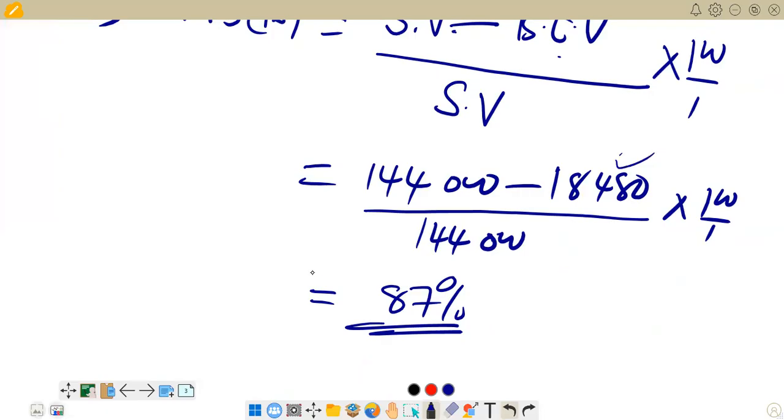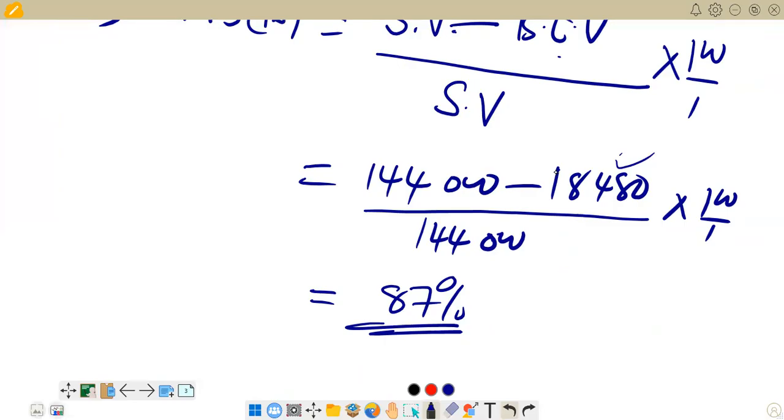So what it means is that this figure of 18,480 represents the point where we are having total cost as 18,480, and at the same time we are also having our sales revenue as 18,480.